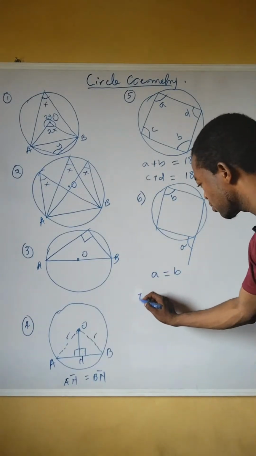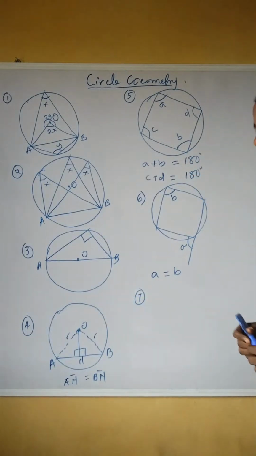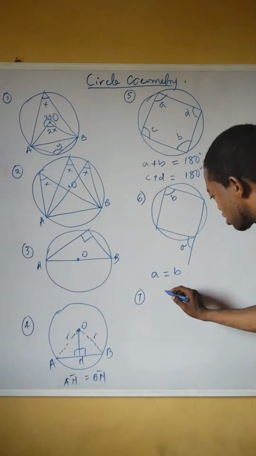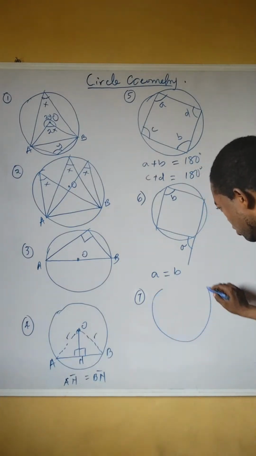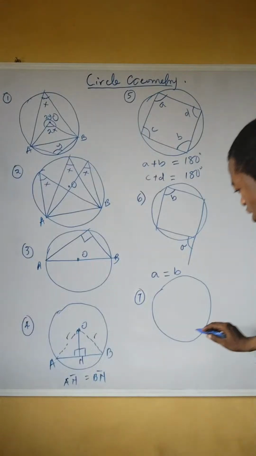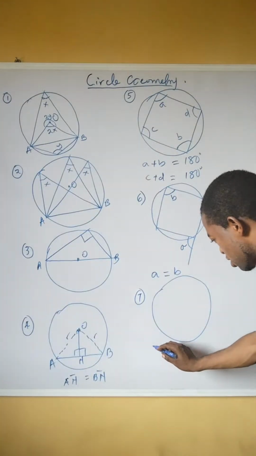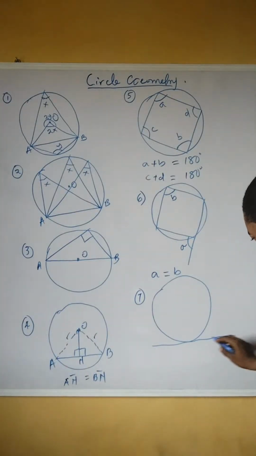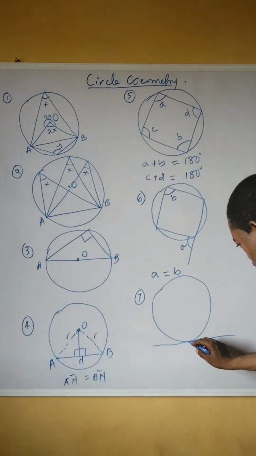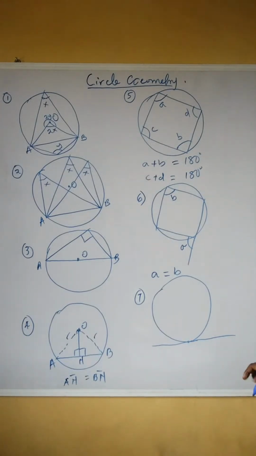Now, also, the seventh theorem here is the tangent theorem, and it's similar to what we have in theorem 4, just that in this case, it's not a chord, it's a tangent. And a tangent touches a circle at a point. So a tangent is a line that touches a circle at a point.